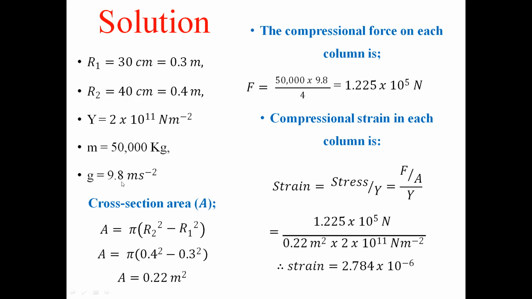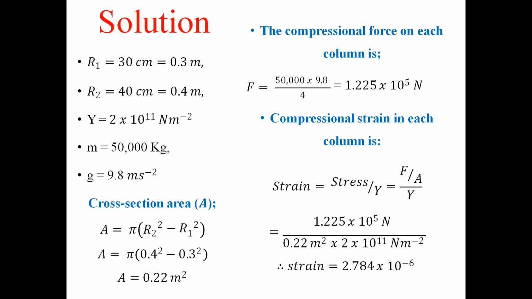Small g gives acceleration due to gravity, 9.8 meter per second square. N meter to the power of minus 2, that means Newton per meter square.